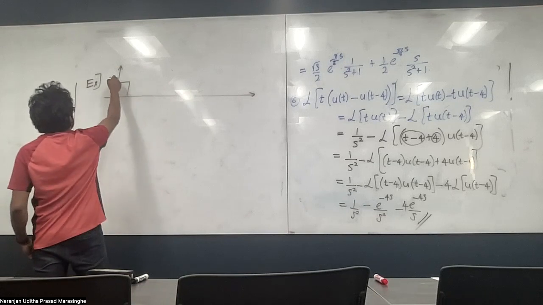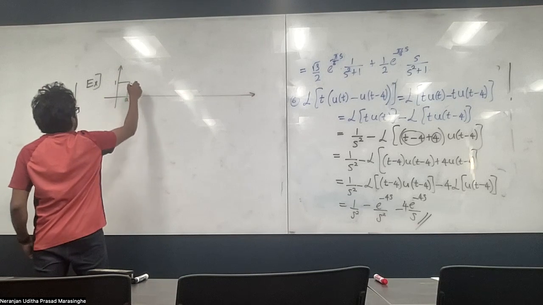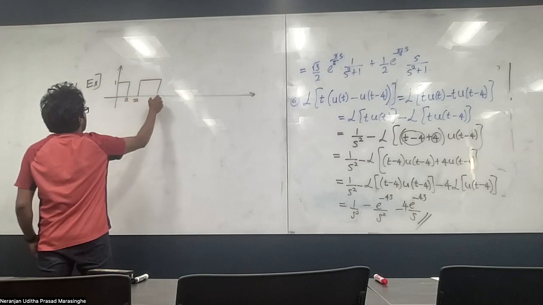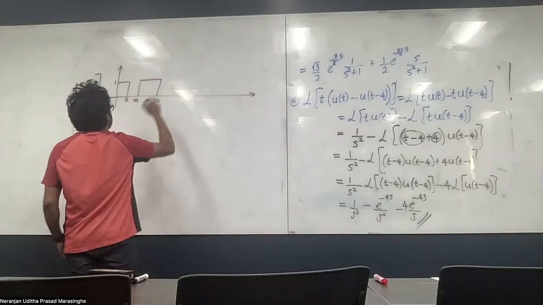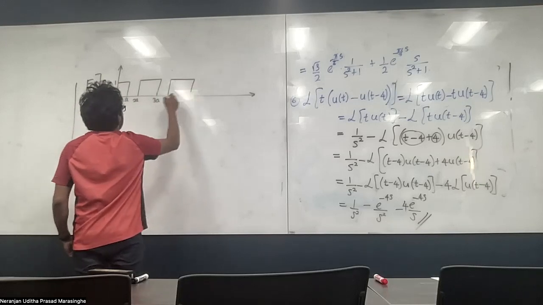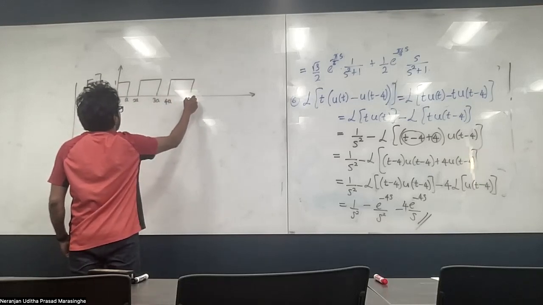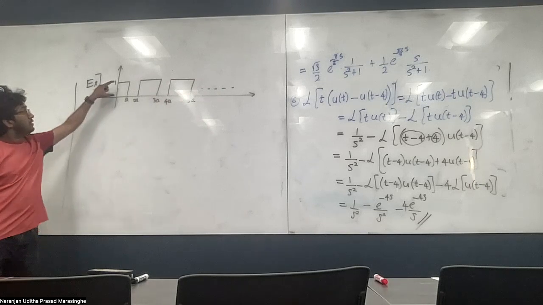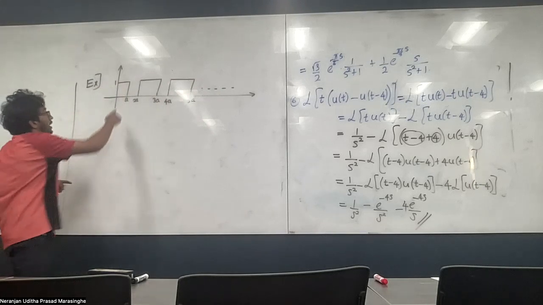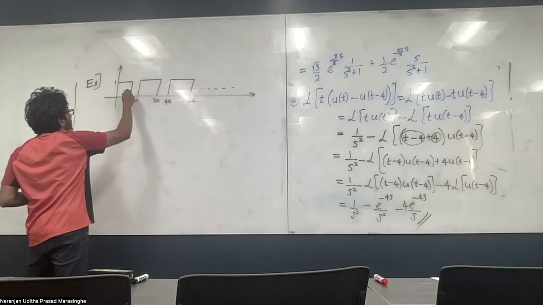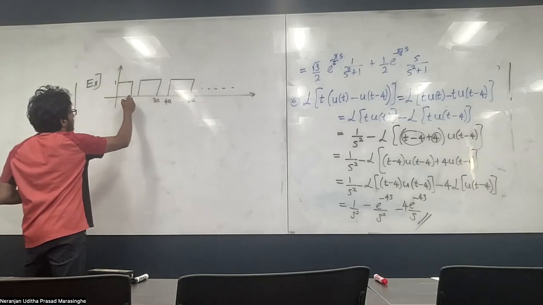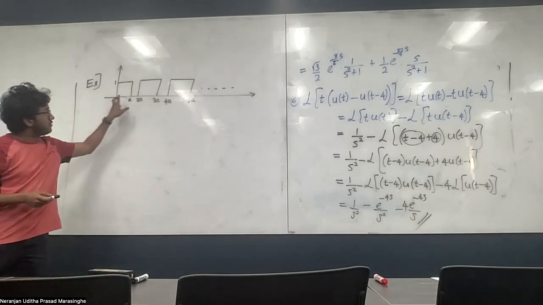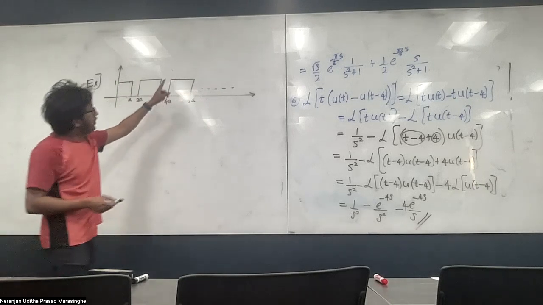Suppose you have some pattern, with marks at A, 2A, 3A, 4A, 5A. Like that, this pattern would be continued. First block, second block, and the width would be the same: 0 to A, 2A to 3A, 4A to 5A.